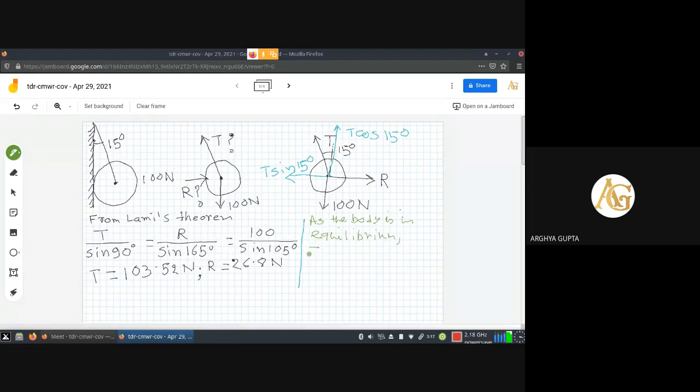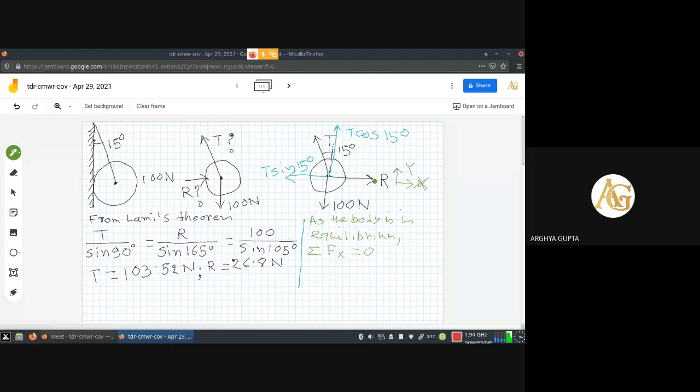So I can write summation of horizontal forces as 0. So this is the x-axis and this is the y-axis. Okay. So summation of forces in the x direction is 0.